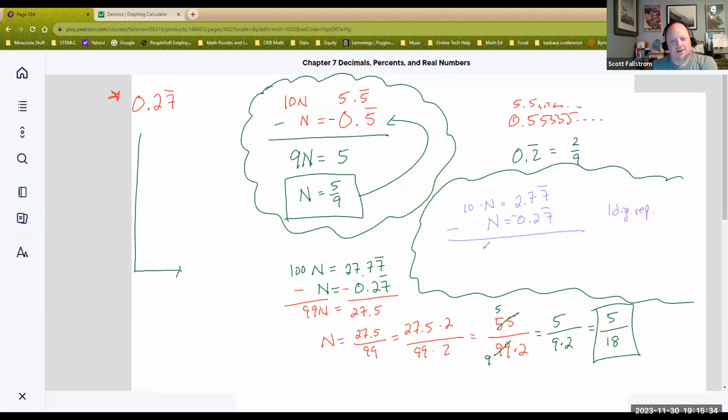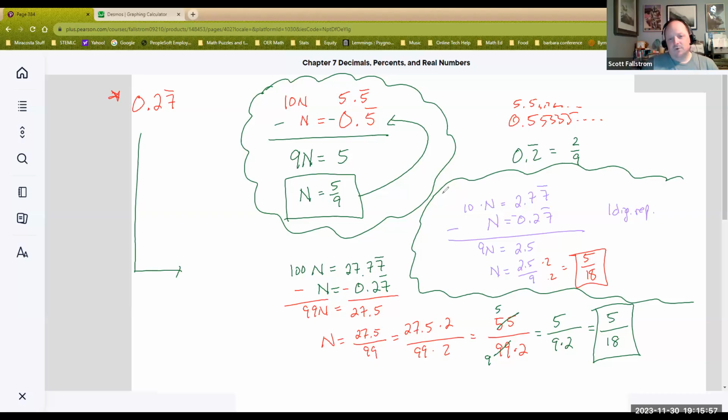When you subtract, you get 9 n's. When you subtract over here, you get 2.5, and my end result becomes 2.5 over 9, which, if I floff, multiply by 2 on top and bottom, gives me 5/18, and I don't have bigger numbers to deal with.